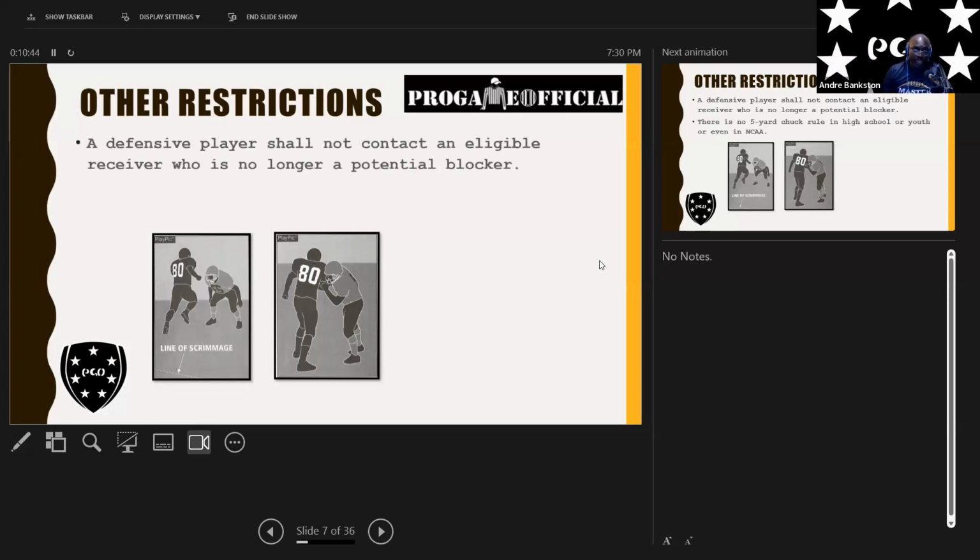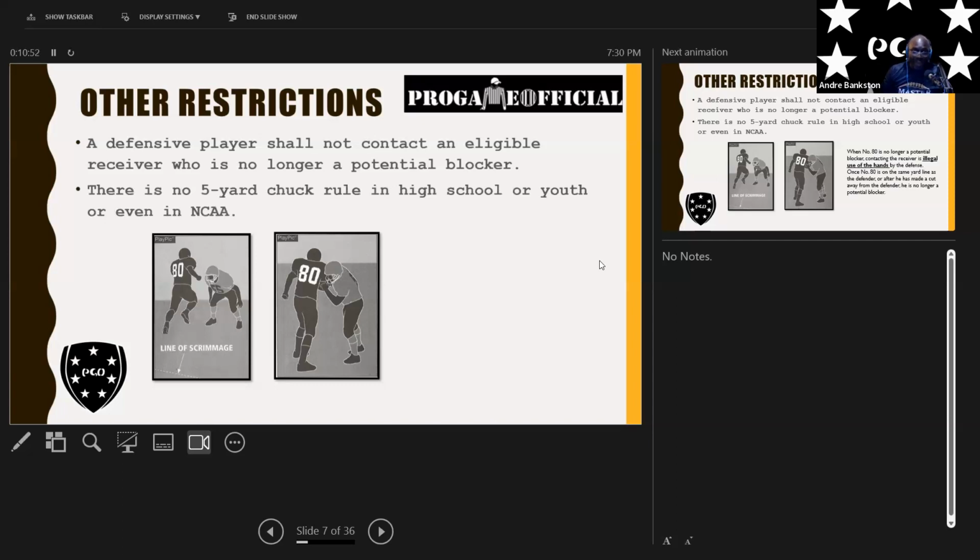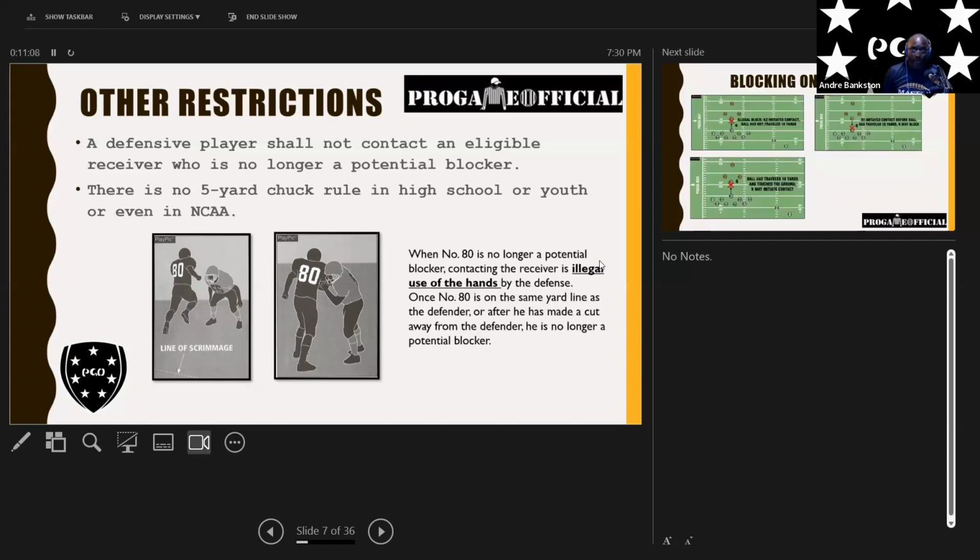A defensive player should not contact an eligible receiver who is no longer a potential blocker. Okay? There is no 5-yard chuck rule in high school or youth or even in NCAA. There's no such rule. You can't make contact within the first 5 yards with an eligible receiver who's no longer a potential blocker.